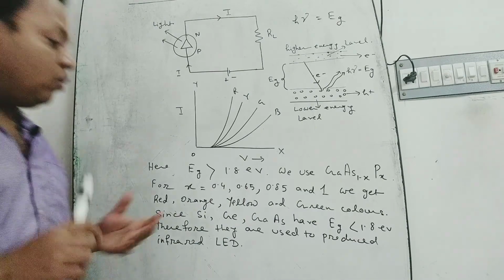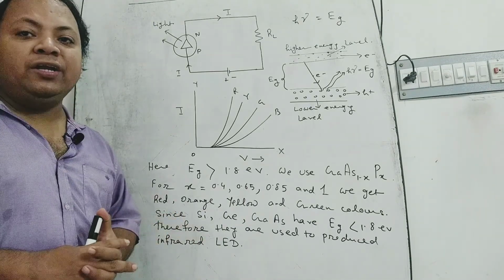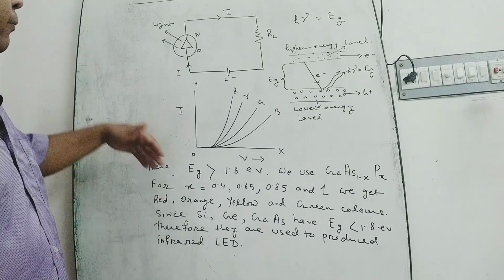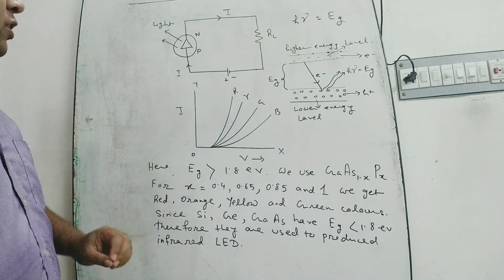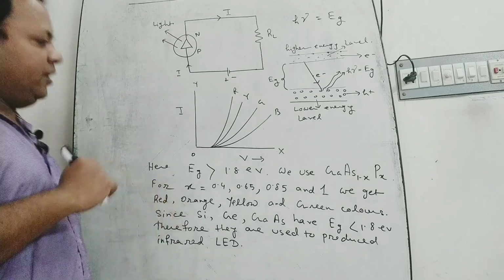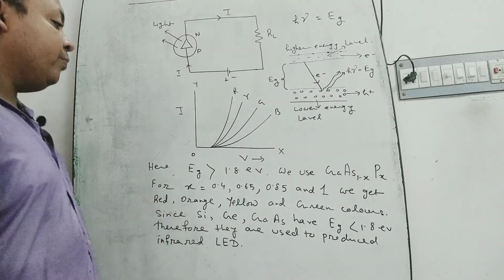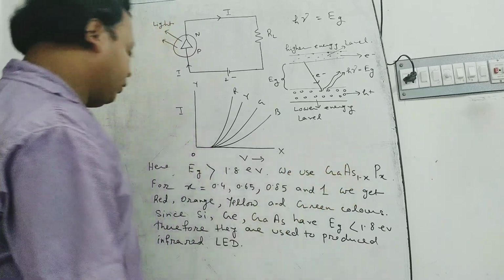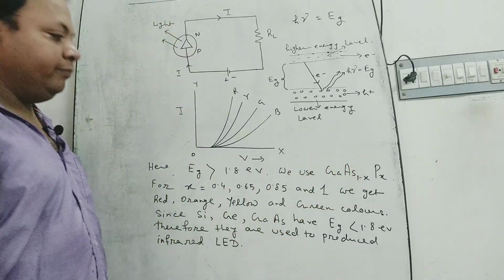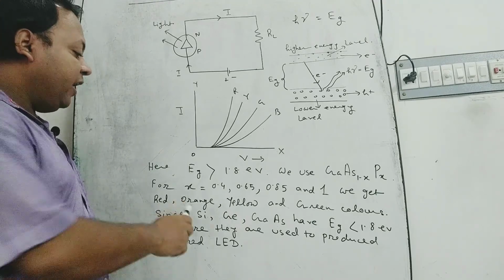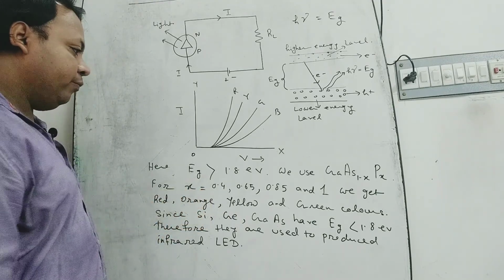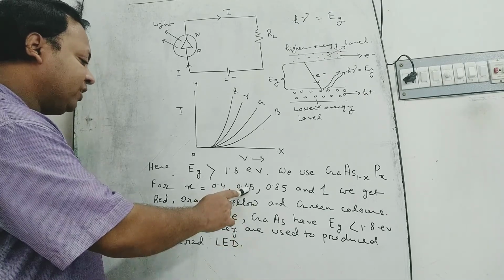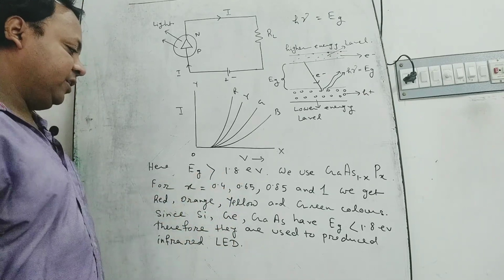Therefore, we cannot use silicon or germanium to make an LED. We use gallium arsenide phosphide to make LED. For x equal to 0.4, we get red light. For x equal to 0.65, we get orange light.